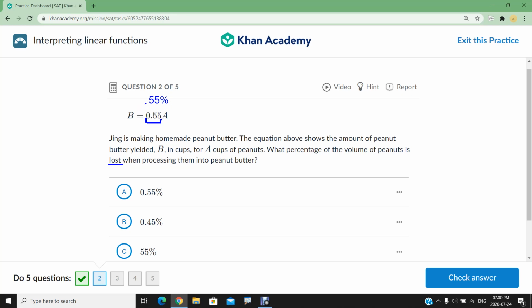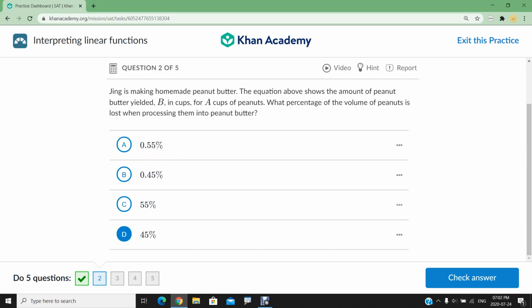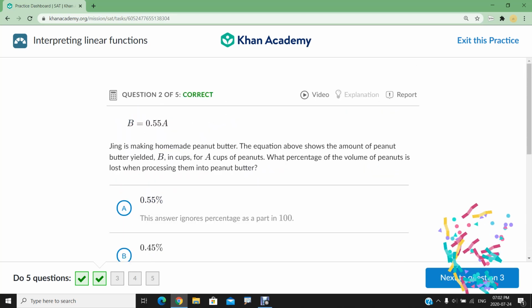So how do we know the percentage that is lost? It's actually pretty easy. You just subtract 55 from 100%, which then you will simply get 45%. So 45% of peanuts is lost when processing them into the peanut butter. So let's choose this answer and check that.